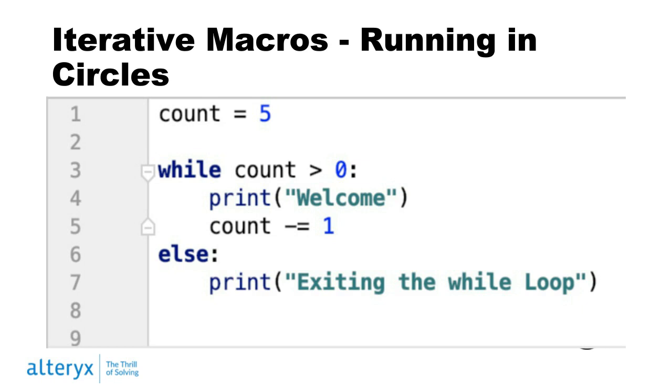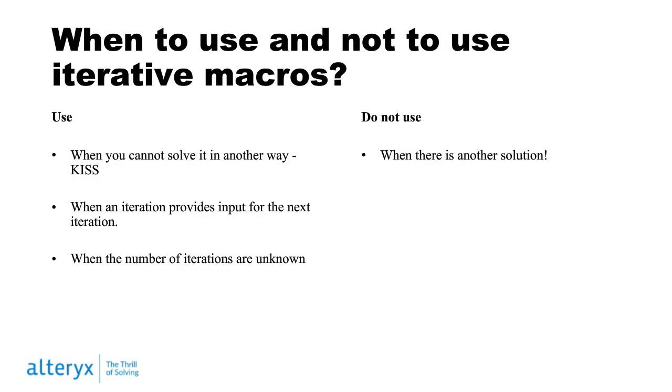Okay, good. So I think what's important to emphasize is that iterative macros are difficult to build, which also means that they are probably difficult for your peers to understand.